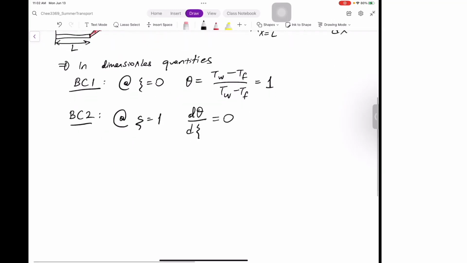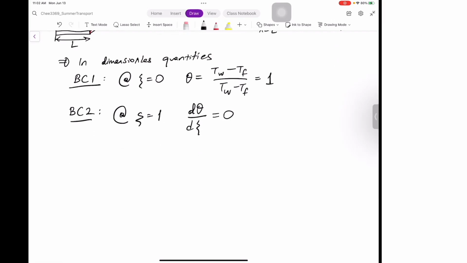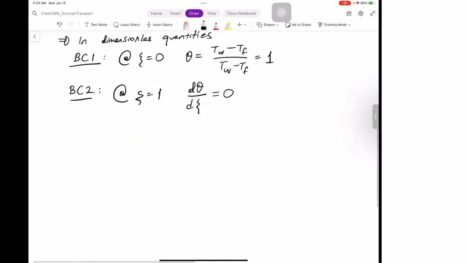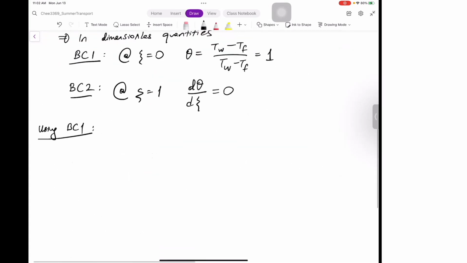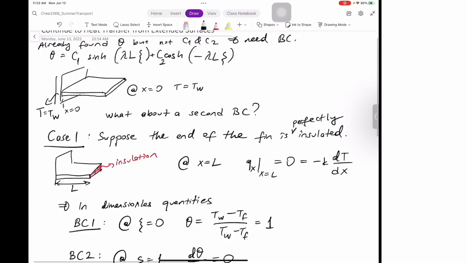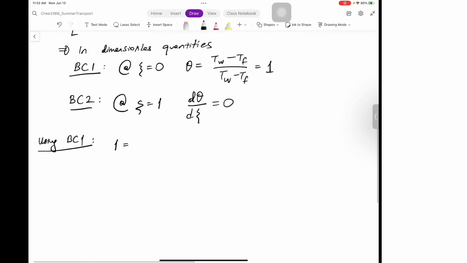So let's find C1 and C2 under the light of these boundary conditions. So using the first boundary condition, we get 1 is equal to C1 sine hyperbolic 0 plus C2 cosine hyperbolic 0.